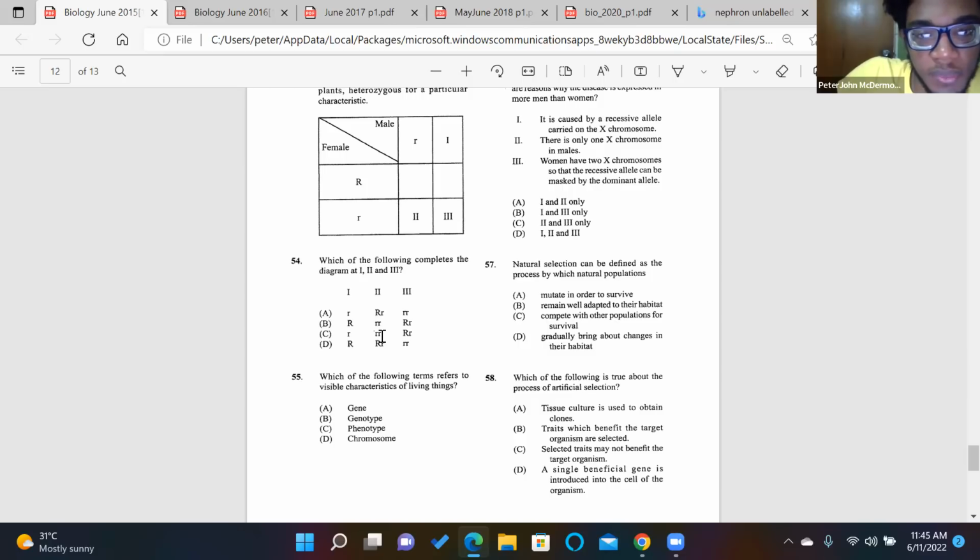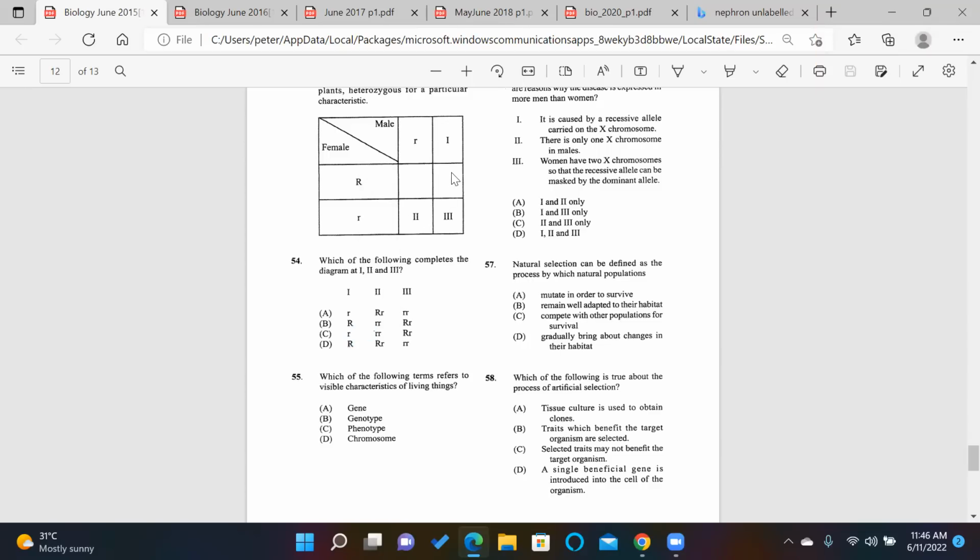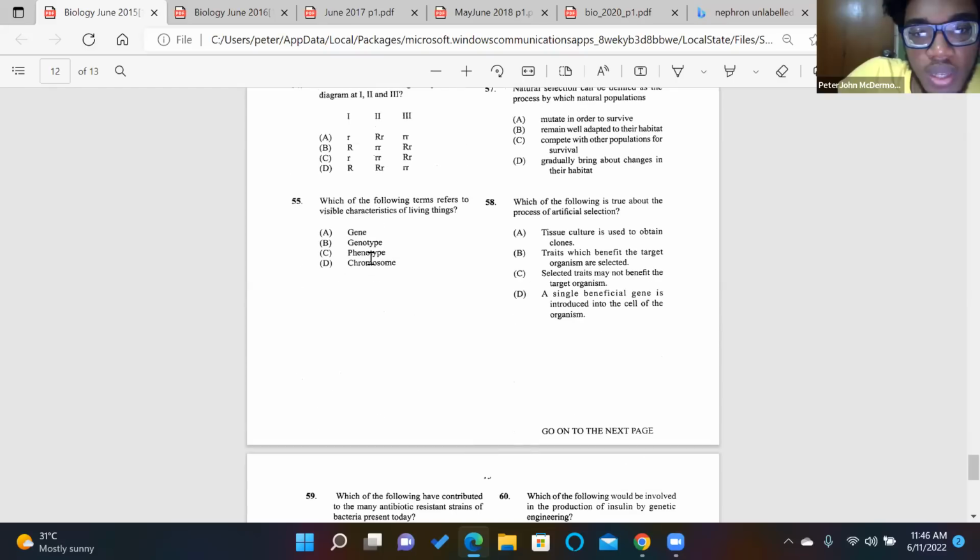Letter R, correct. If we assume 1 to be what? Well, we know it has to be this or this. So if we assume 1 to be a big R, right? This would be a big R, little r, right? So could 1 be a small r? No, sir. Why? Because they say that 3 is a big R and a small r. Perfect. Which of the following terms refers to the visible characteristics of living things?